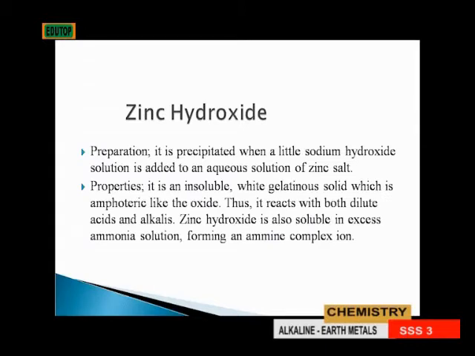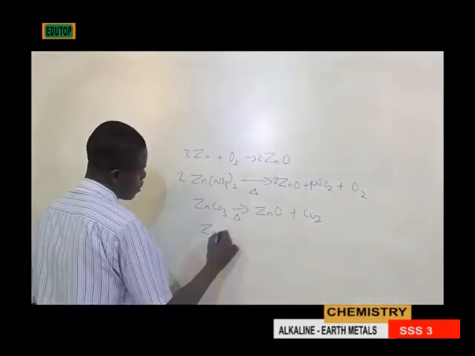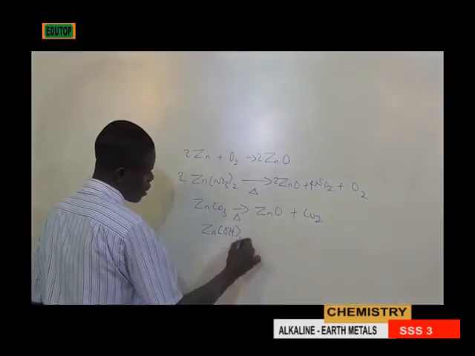Zinc hydroxide preparation: it is precipitated when a little sodium hydroxide solution is added to an aqueous solution of zinc 2 salts. This is zinc hydroxide.